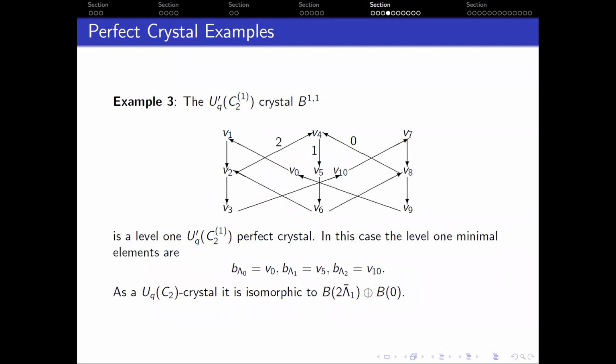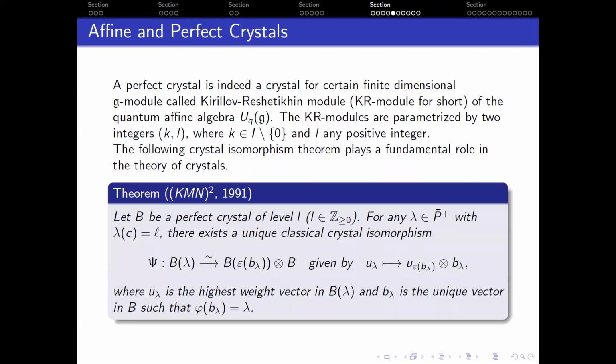Indeed, for the node 1, the level 1 perfect crystal is this one. If we take the irreducible finite dimensional C2 representation B2 lambda 1 plus B0, that's a 1-dimensional representation, and define the 0 arrow like this, then this is a perfect representation. So the perfect crystals are not unique.